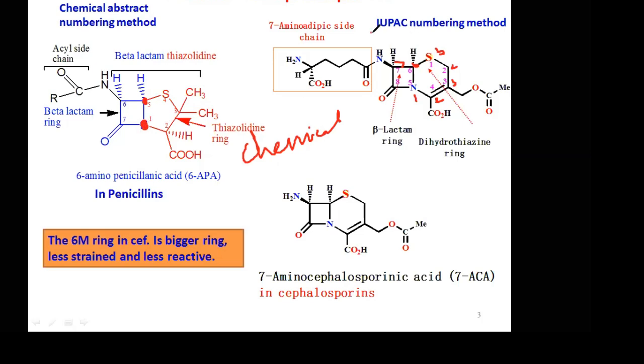Or if you want to give IUPAC numbering, go according to the OSNP rule. That means oxygen has preference, next sulfur, next nitrogen, next phosphorus. So these are the two types of numbering. Both are correct. Okay, any doubt here, please?